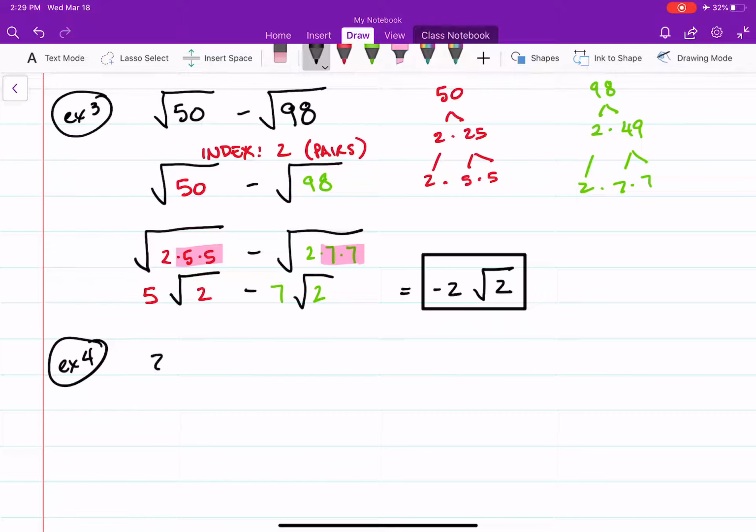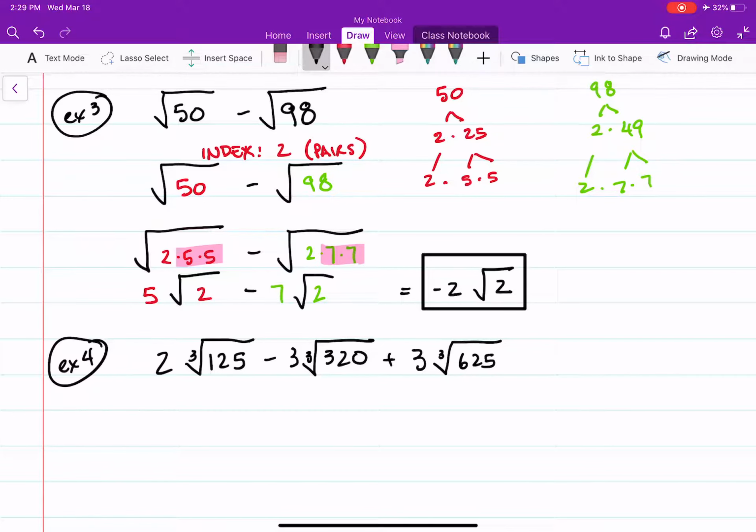I have 2 times the cube root of 125 minus 3 times the cube root of 320 plus 3 times the cube root of 625. Okay, so same thing.